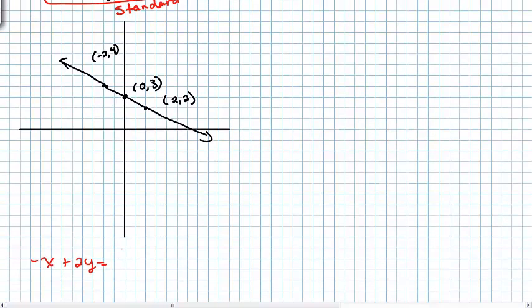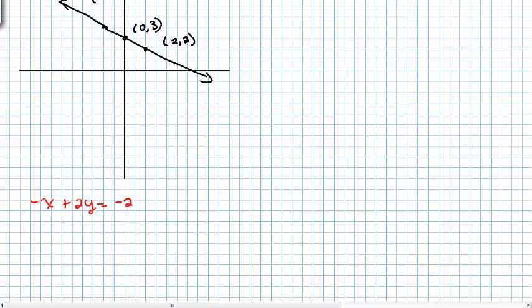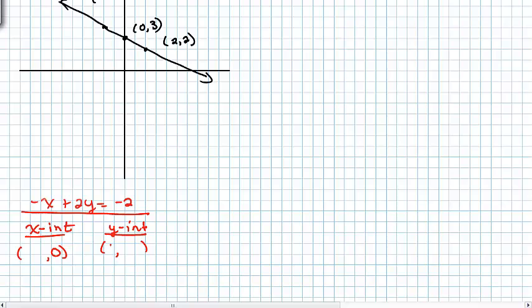Yep. So we want to find these two intercepts, and it's always the opposite variable is 0. So for the x-intercept, y is 0, and for the y-intercept, x is 0.